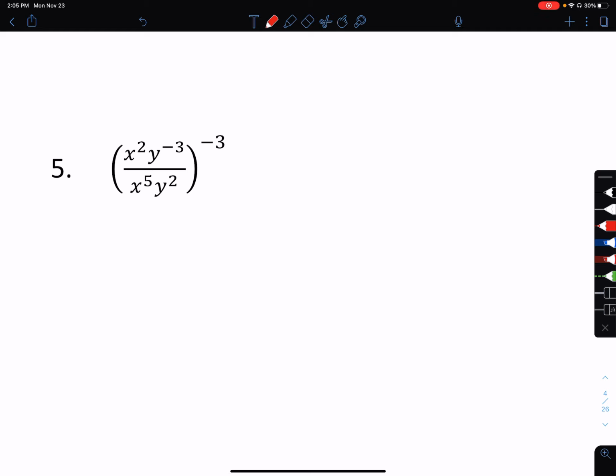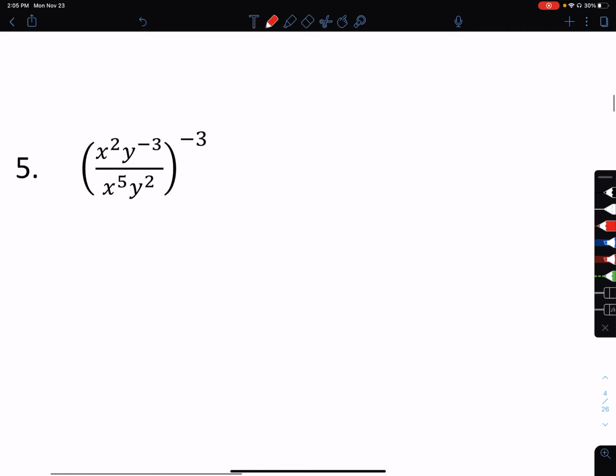Number 5, once again, lots of different ways you could do this. Let's do this. I'm going to use the quotient property. So I'm going to have an x once and a y once, because it's the same base, x's.